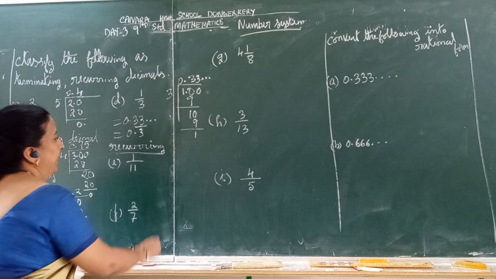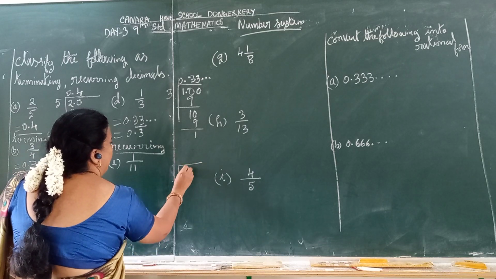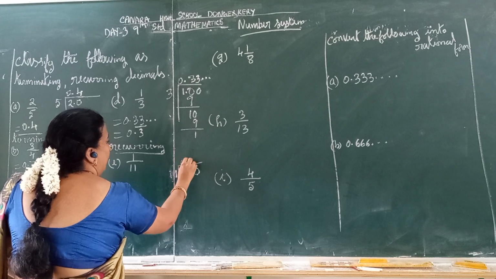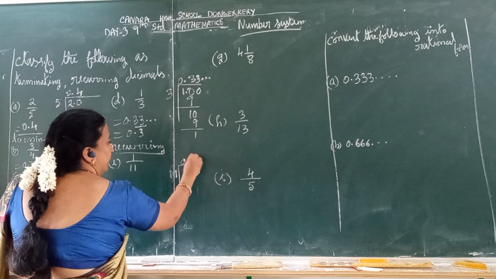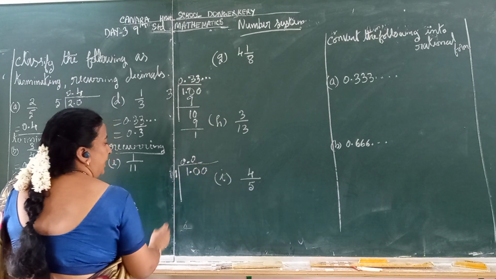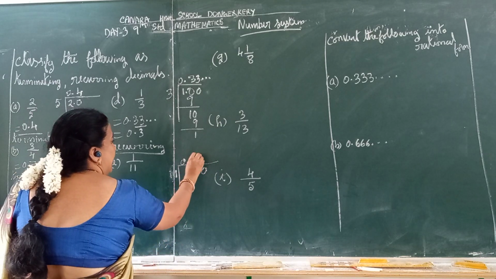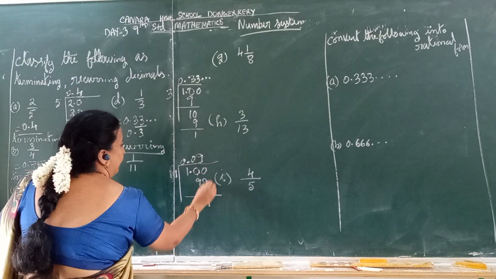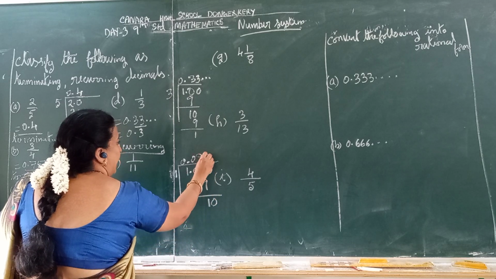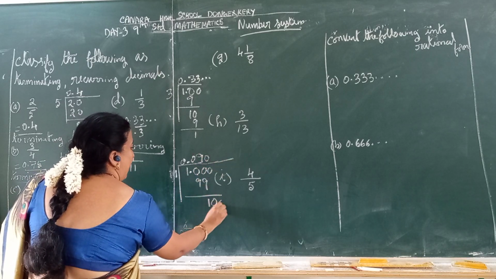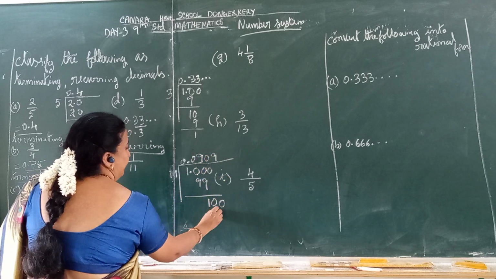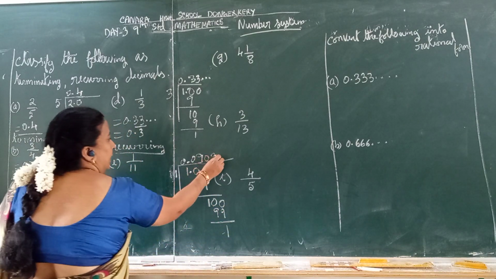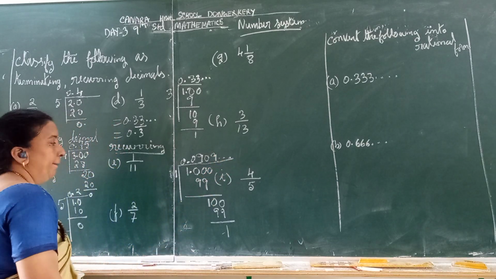Next, 1/11. Here also not divisible, therefore 0, 100, 11 nines are 99. 1 remains, take 0, 10, not divisible, 100, 9s are 99, then again 1, then 90, repeats.